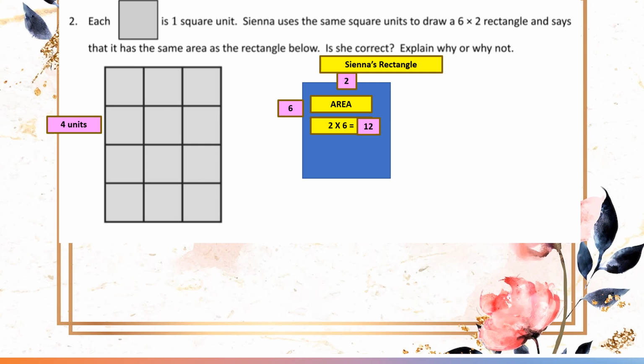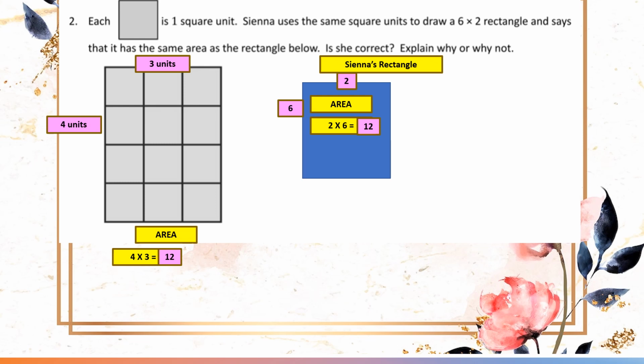And if we count the width of this rectangle, it's 3 units. So again, the area formula is length times width. So for this one, the equation would be 4 times 3. And what's 4 times 3? That's right, 12. So the area for the rectangle that's already on the paper is 12.